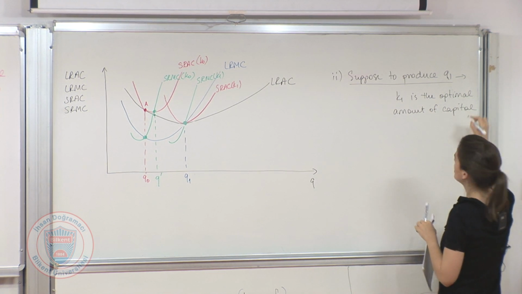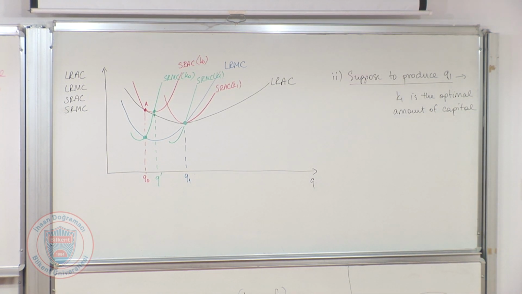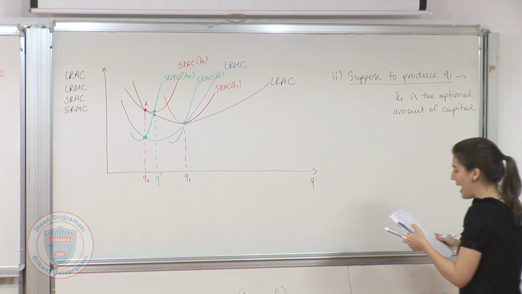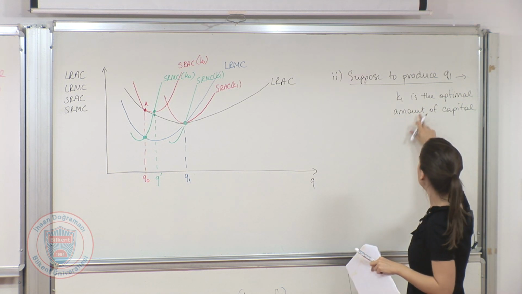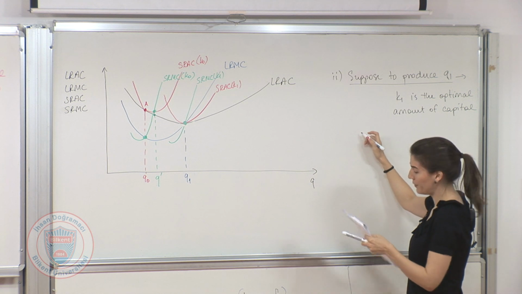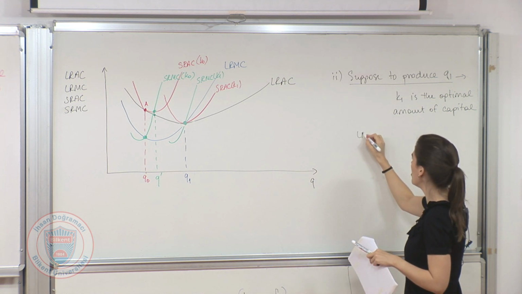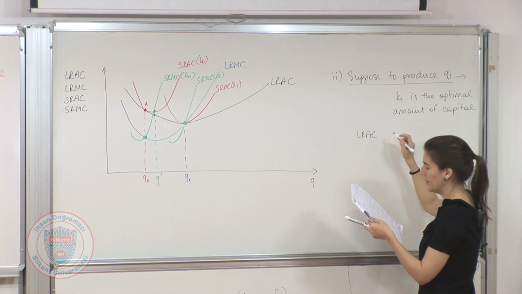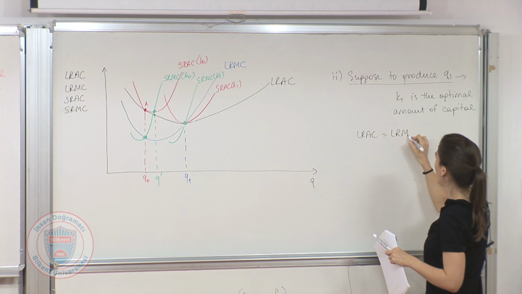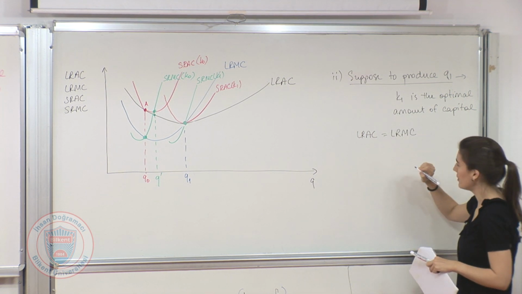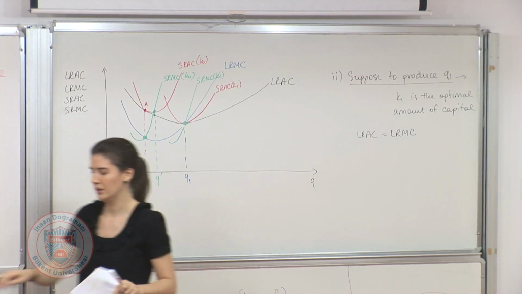Okay, this is the cost minimizing amount of capital that we know. So then we said that fine, it's the optimal amount of capital. So we said that long run average cost and long run marginal cost. So let's put it like this.